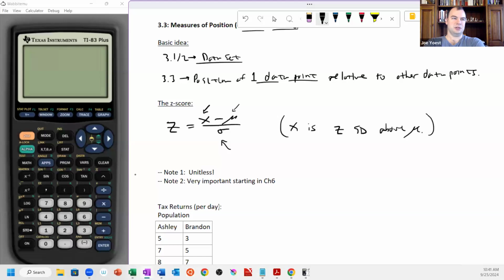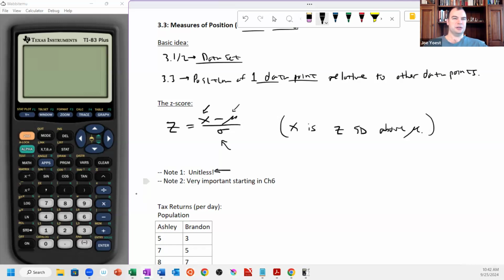The variance was in square units of the original data, but the standard deviation is back to original units. So our units divide out, and we have a unitless quantity in the z-score. That's very nice. We saw, for instance, with coefficient of variation, that was another unitless quantity that made it a little easier to compare things, maybe between data sets.